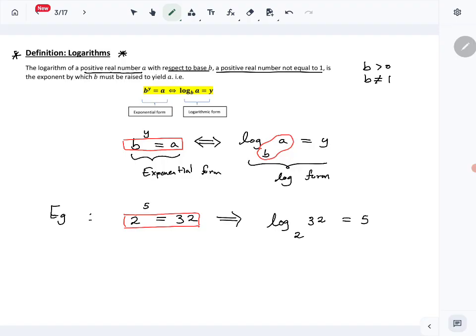So that's how you convert an exponential into the log form. Similarly, you need to know how to convert a log into exponential form. So now the log form is given: log base 3 of 9 is equal to 2.